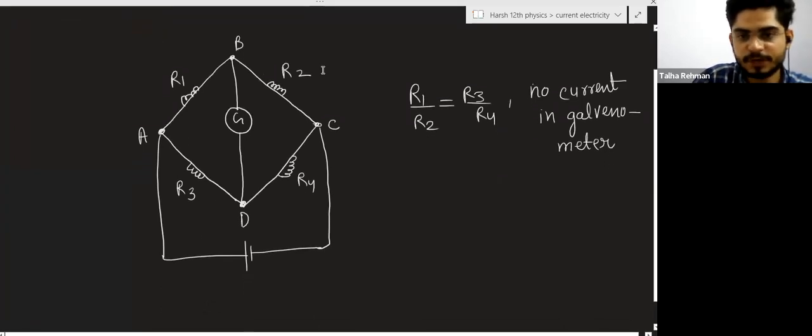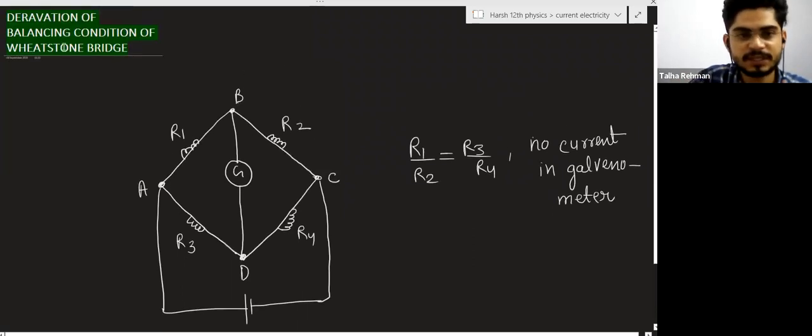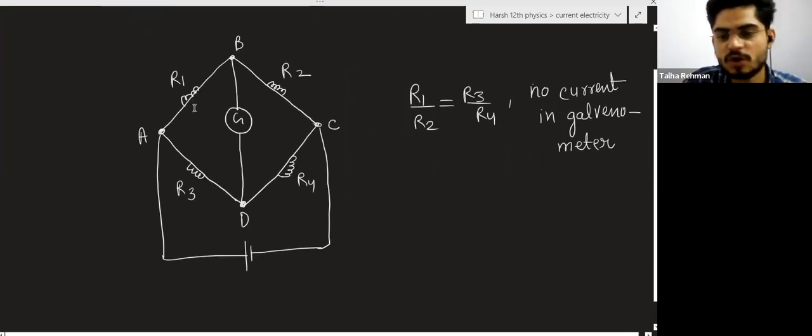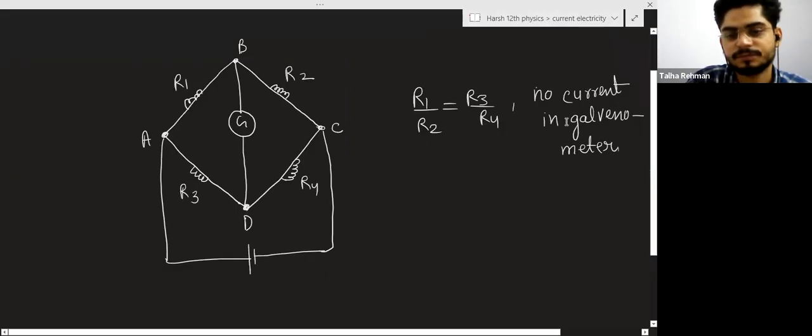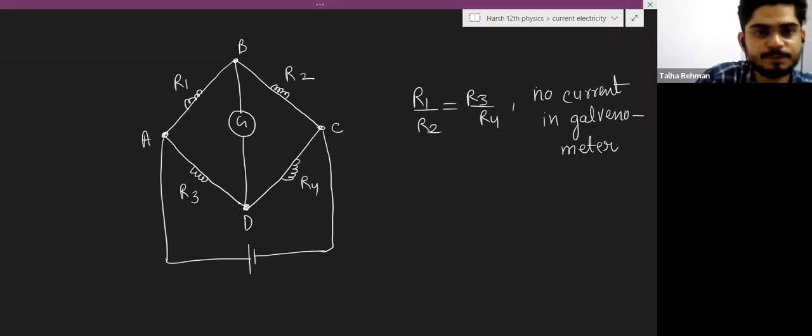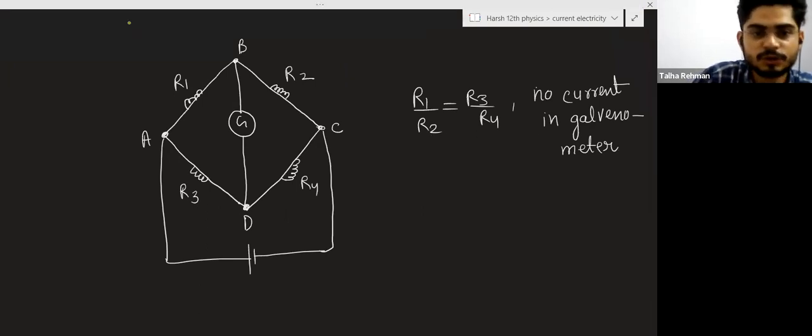So what we will do here, this can be proved with the help of Kirchhoff's voltage law. Kirchhoff's voltage law is very important. You can prove each and everything. So now I am just proving it.